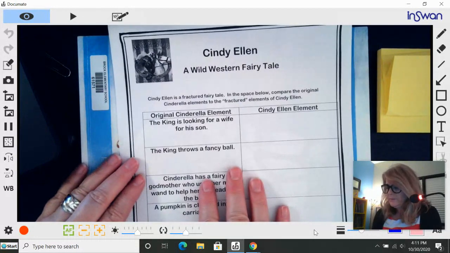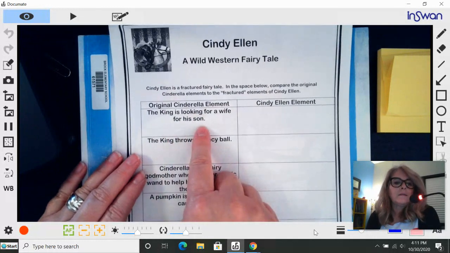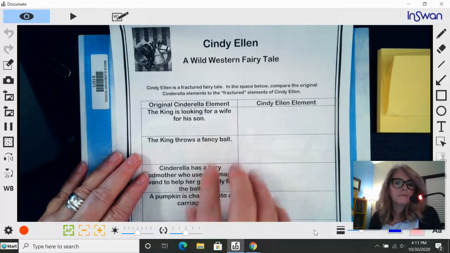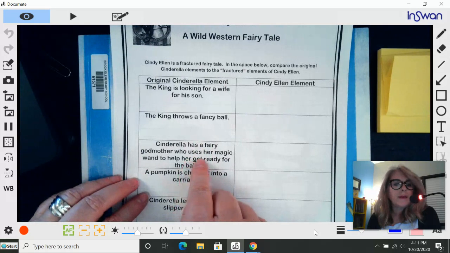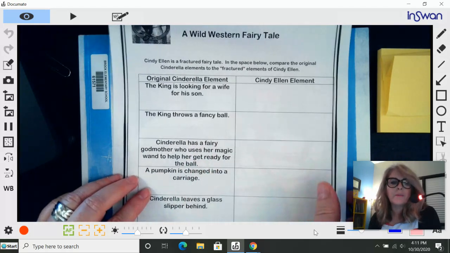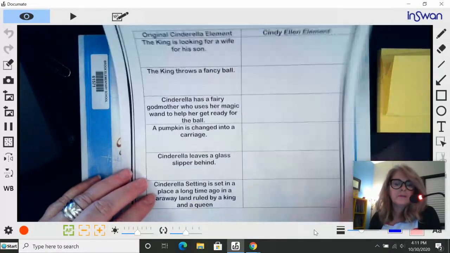So as we're reading the story today, I want you to think about some of these things. Okay, so in the original Cinderella, the king is looking for a wife for his son. The king throws a fancy ball. Cinderella has a fairy godmother who uses her magic wand to help her get ready for the ball. A pumpkin is changed into a carriage.